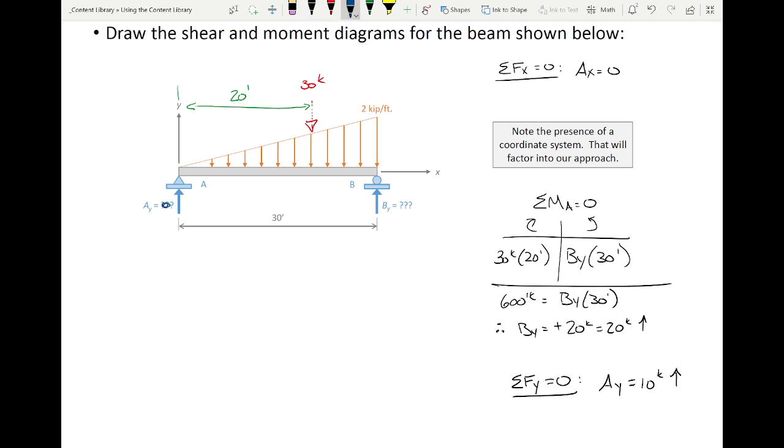So this is 10 kips. This is 20 kips. What do you think? I'll give you a sec to catch up because I don't want this to be tough.